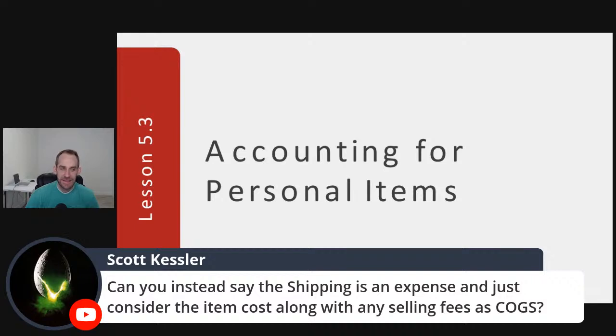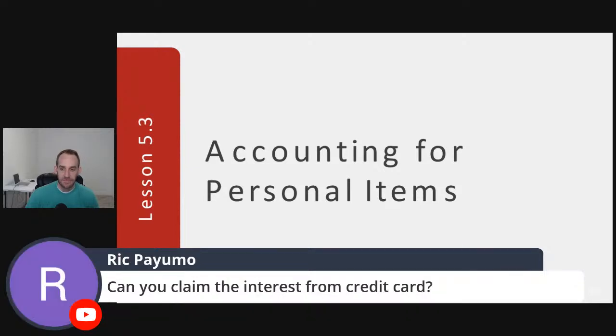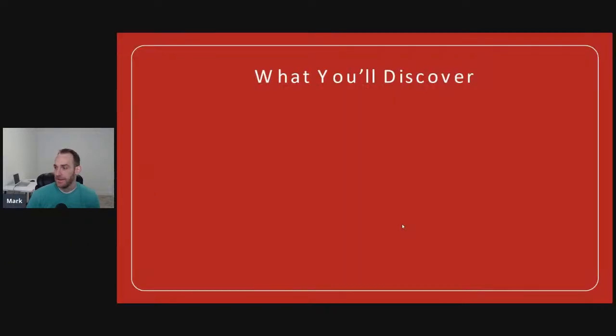I don't know how strict they are around that. I've seen people do both. I think either is fine. If the credit card is all being used for business, then I think yes, the interest would be a deductible business interest expense.